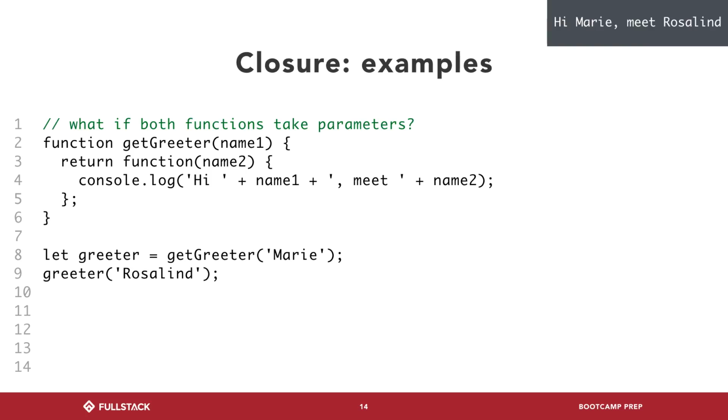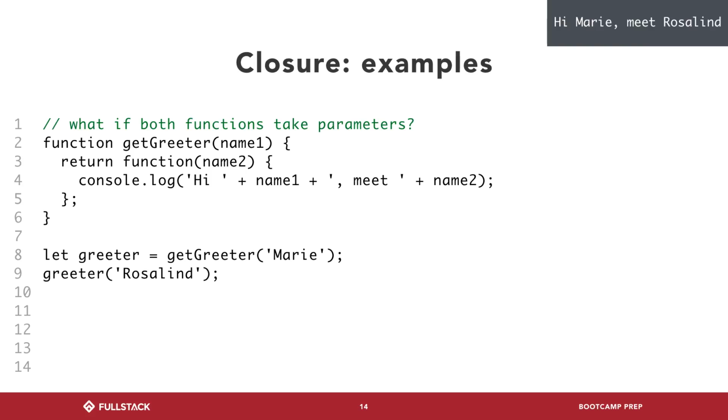So is greeter kind of like getGreeter parentheses Marie parentheses Rosalind? What would that look like if you broke it out? Line 9. If you were to break it out, it's kind of like getGreeter parentheses Marie, function parentheses Rosalind.